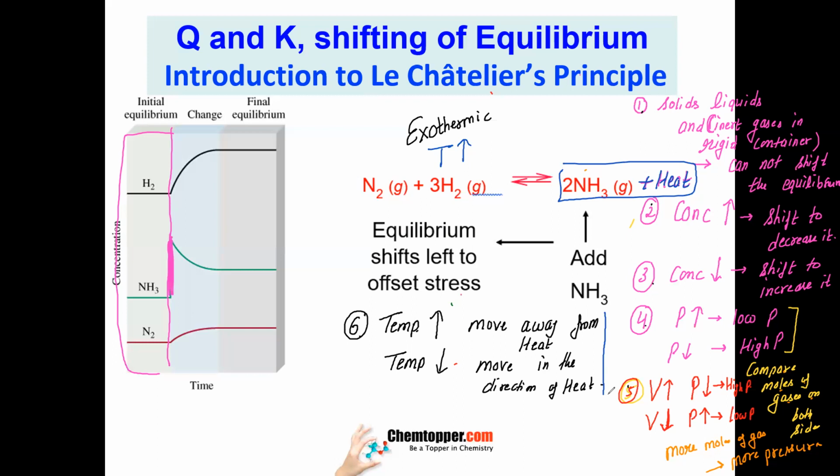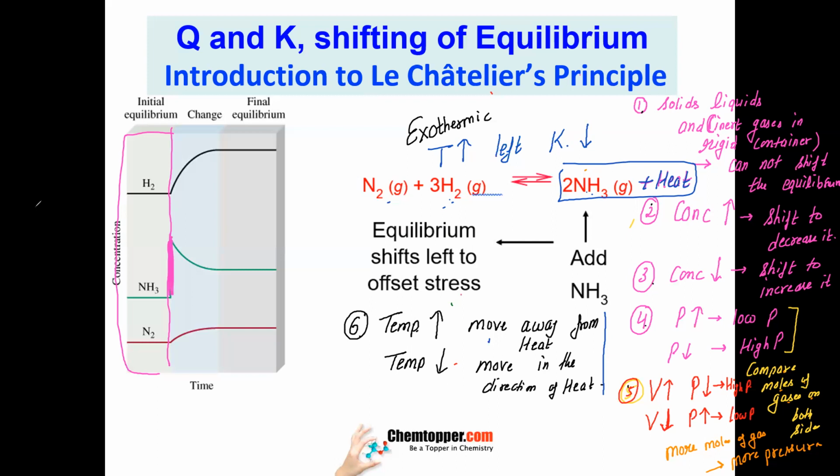Which side is away from heat? Use this language. It will go to left. If it is going to left, what happens to K value? K is concentration of ammonia raised to power 2 divided by these two raised with their coefficients. And Sanvi is right. K will decrease because reactants are increasing, products are decreasing. You're understanding this, children?